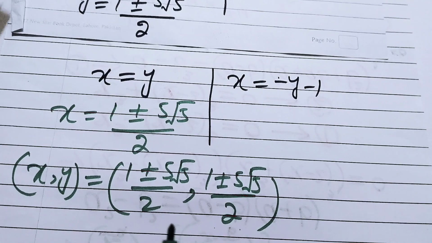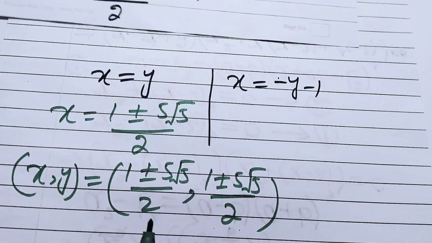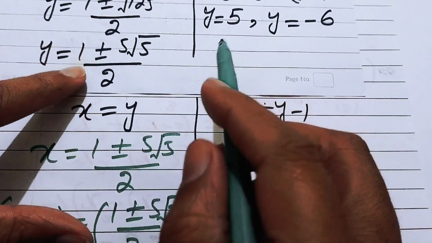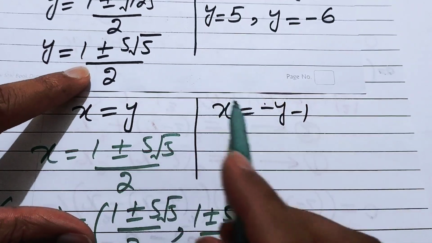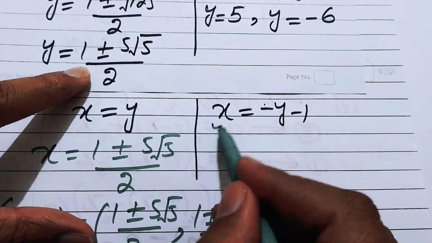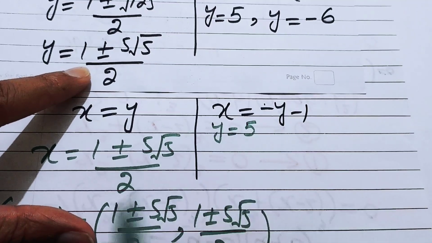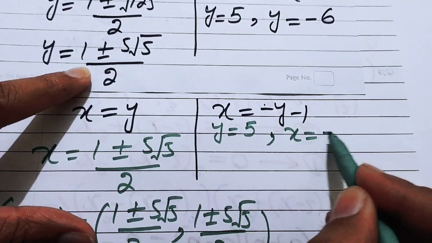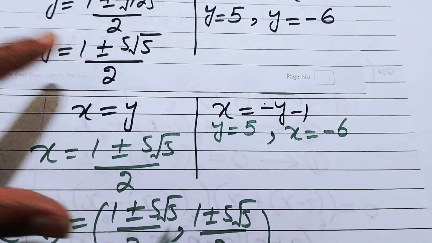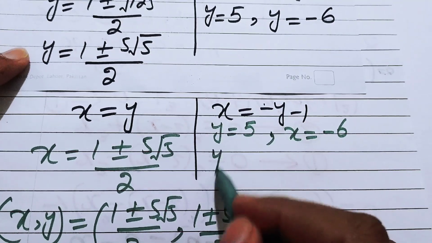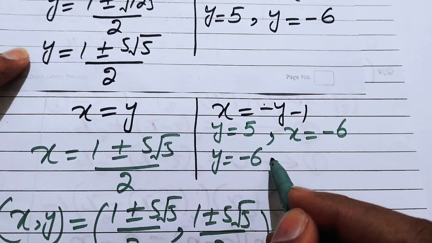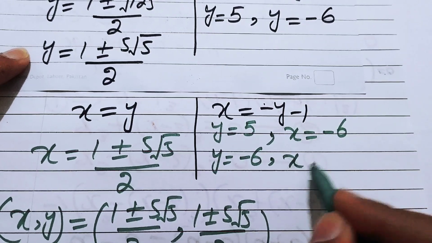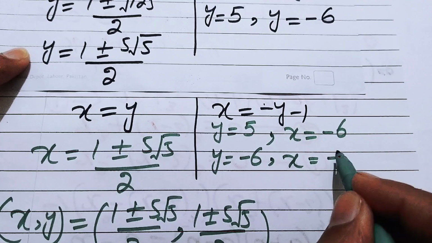So now in order to find the values of x and y in second case, first you put the value of y equals to 5 here. So at y equals to 5 we get x equals to minus 6, and when we put y equals to minus 6, you get x equals to minus 7.